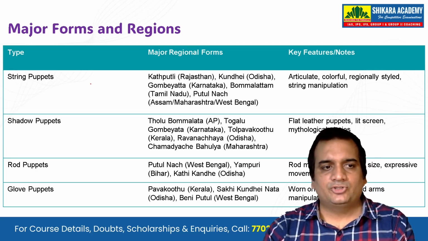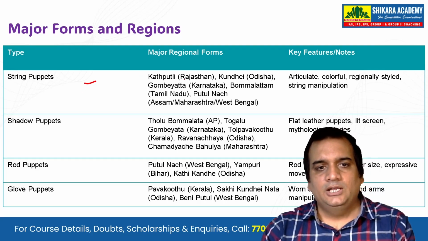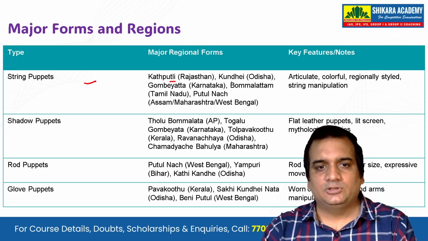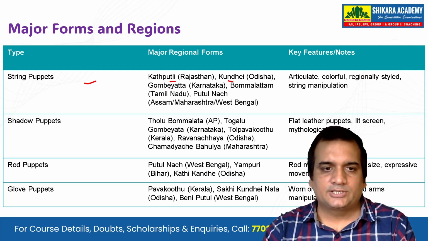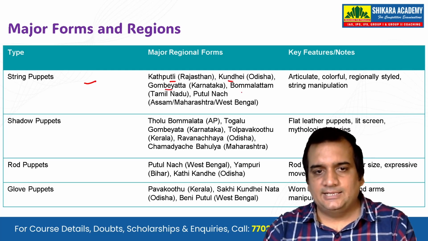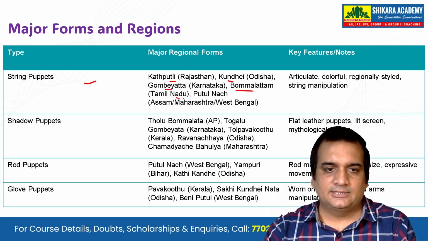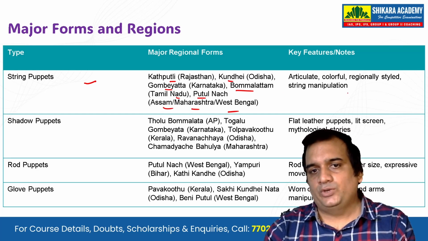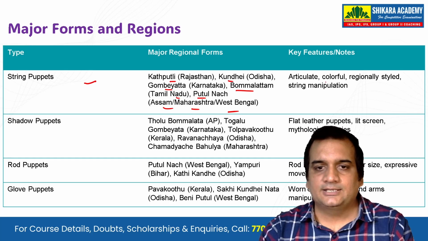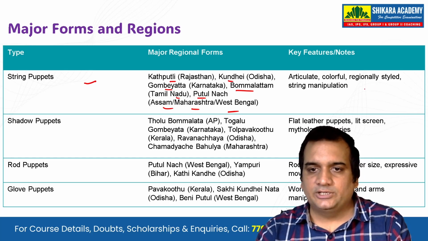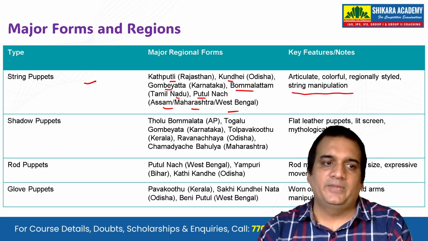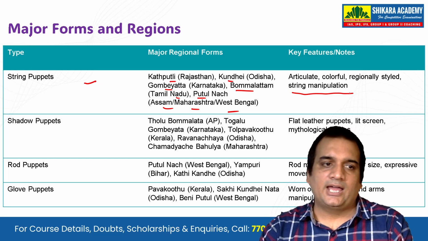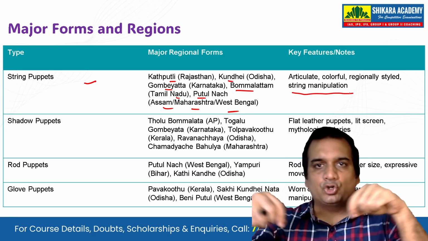So string puppets are known as Kathputli in Rajasthan, Kundhei in Odisha, Gombeyatta in Karnataka, Bommalattam in Tamil Nadu, and Putul Nach in Assam, Maharashtra and West Bengal. The key feature here is colorful, regionally styled string manipulation. Okay, so you have the strings which control the puppets.